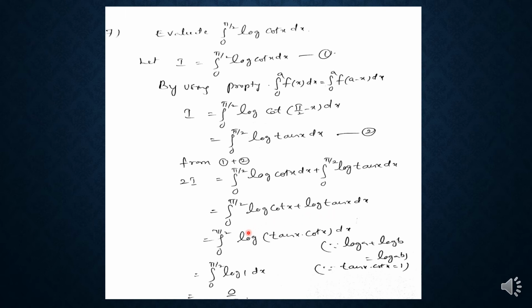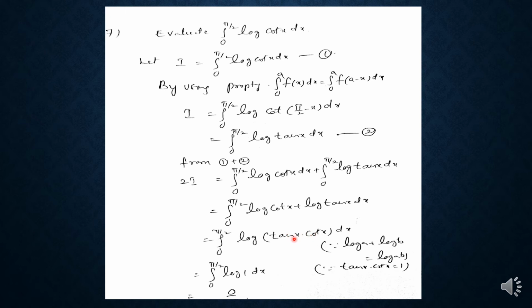So by applying that rule here, this becomes integral 0 to pi by 2 log of tan x into cot x dx. Here tan x and cot x are two reciprocal functions. Tan x is equal to 1 by cot x, so this will get cancelled.